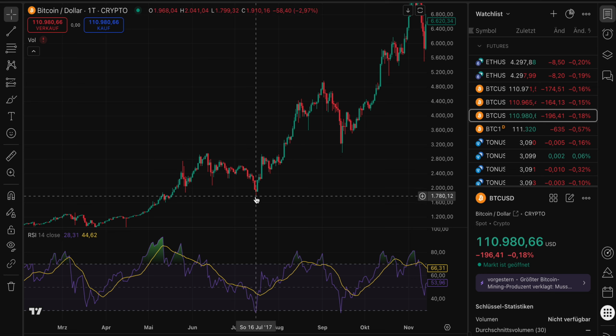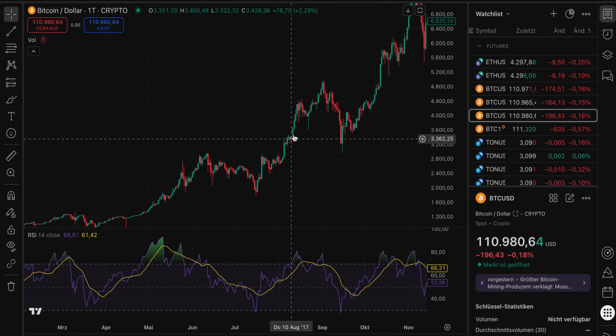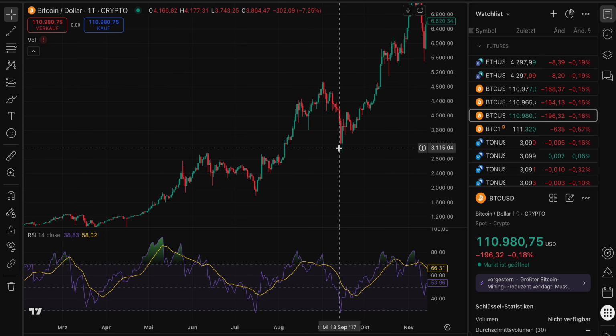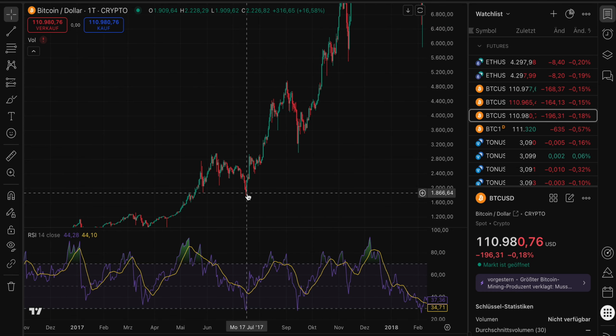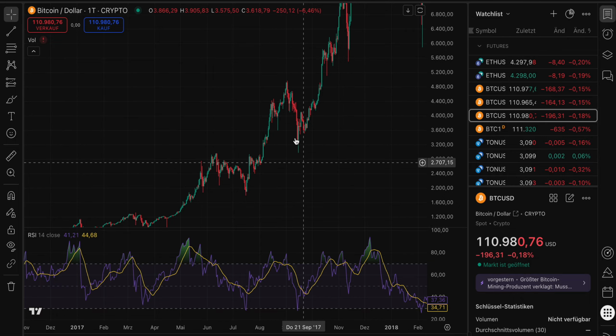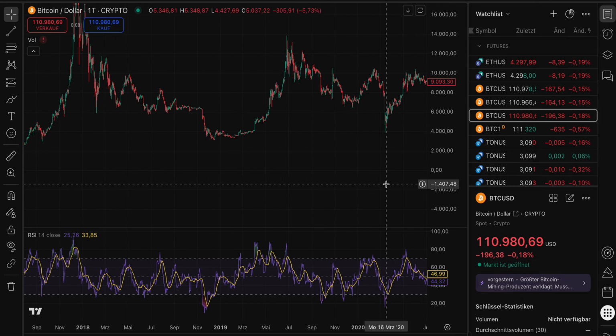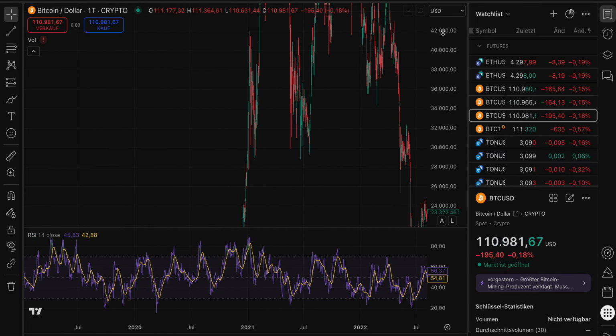A pump from July, starting here, end of July, boom, pump, right, to the end of August, beginning of September, and then a dump, okay. August was always a good month, and September was a negative month, looking at percentage. In 2021 we saw the same thing happening, right?